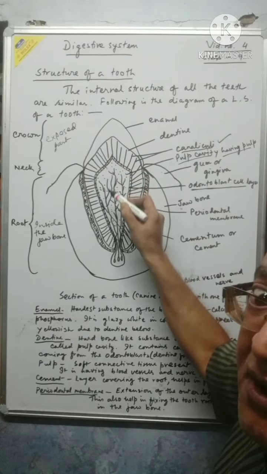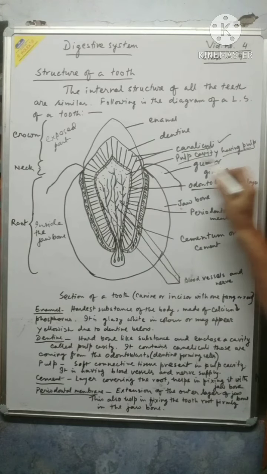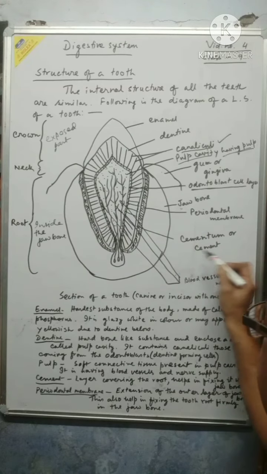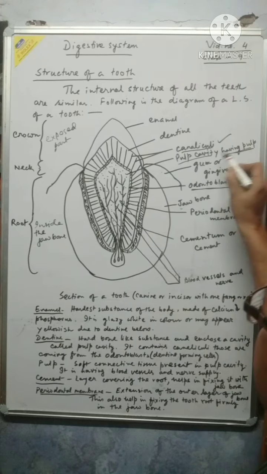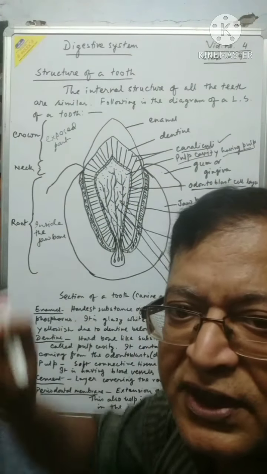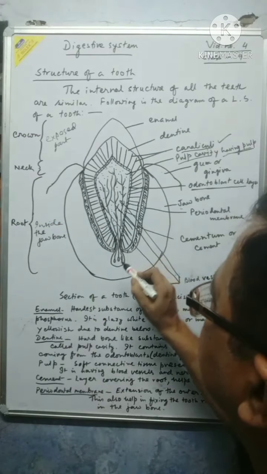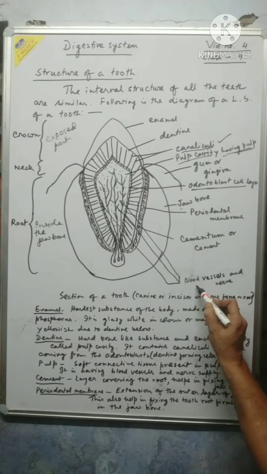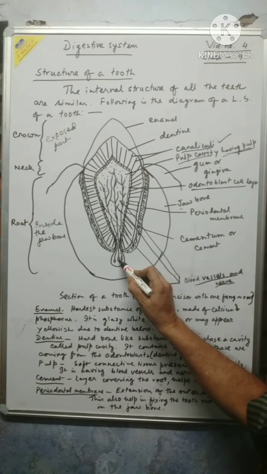This portion is the pulp cavity. The pulp cavity has pulp, the dotted portion that is called the pulp. The pulp is actually a soft connective tissue that is filling up the space. That space is not empty. A number of blood vessels and nerves are passing through it, which are coming from here.